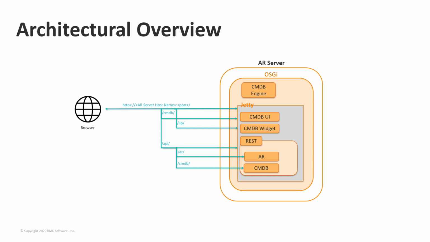That enables you to load or unload any package without restarting AR server. CMDB engine is one of them. You will see this package is under the file system, where deploy is, and there are different jar files or packages located there.